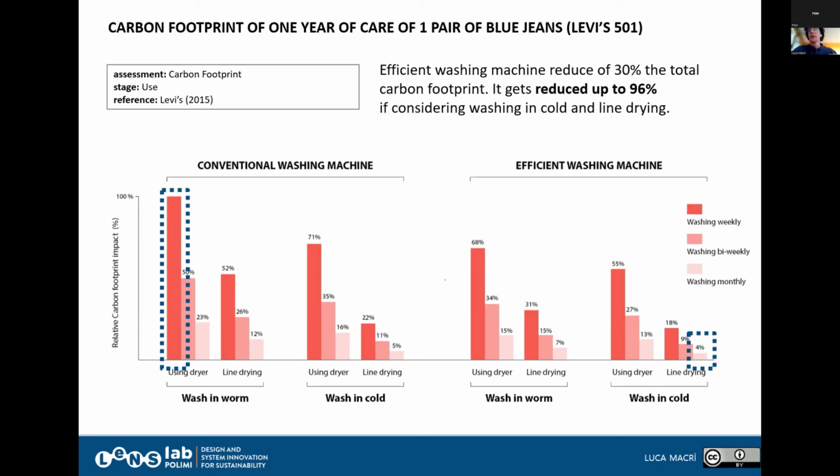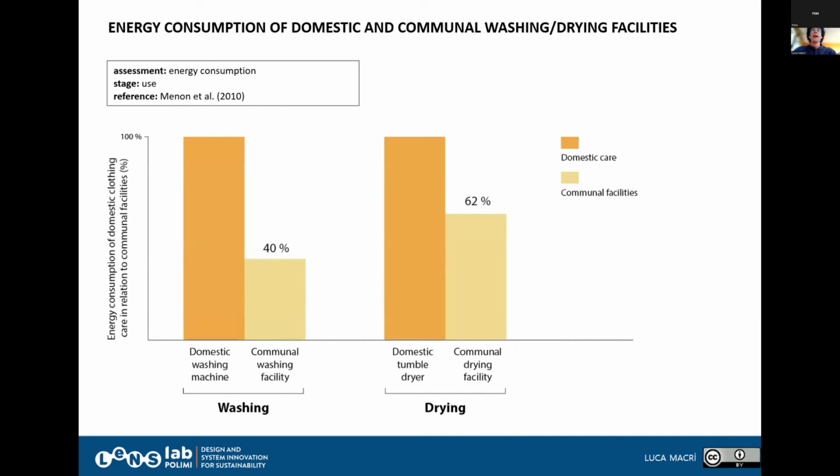You have a reduction of 96% of the carbon footprint. So it's not telling anything about the overall impact, but it gives an idea of how user habits and clothing care could impact on this.